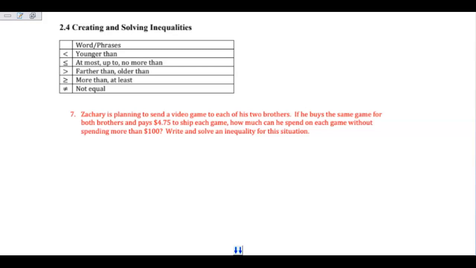So he's buying the same game for each brother, and he has to pay the same shipping for each game. So for each brother, he's going to have to pay for the game, and then he's going to have to pay to ship it. So let's use G for the cost of the game.